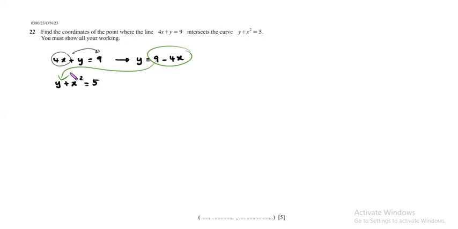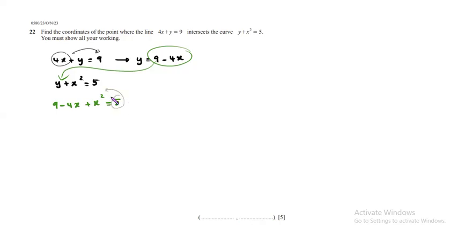We can use the other methods as well, that's absolutely fine, that is the elimination method. We can use it, but substitution will be much easier, and it can be used for almost all the simultaneous equations that involve quadratics. I'm going to substitute it here. So I have 9 minus 4x plus x squared is equal to 5.